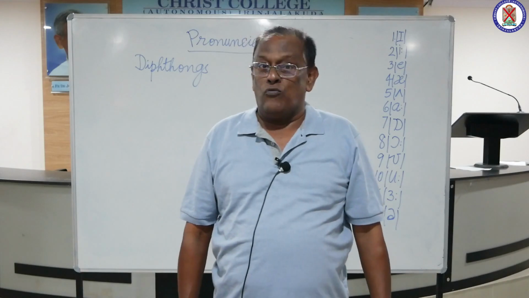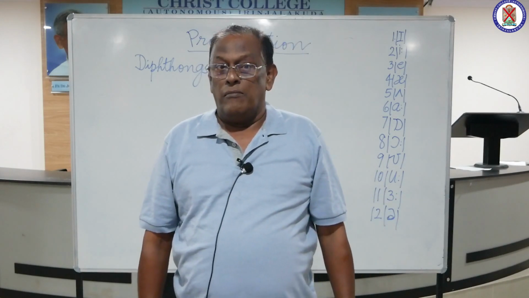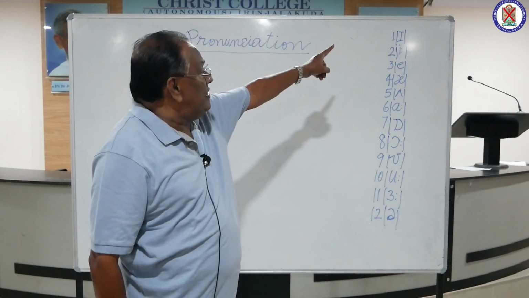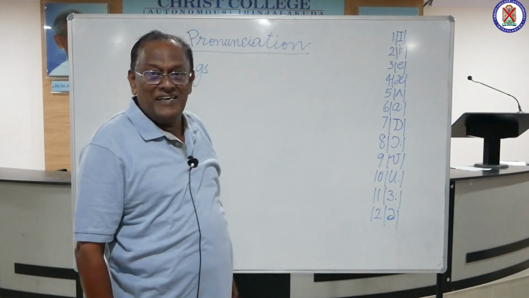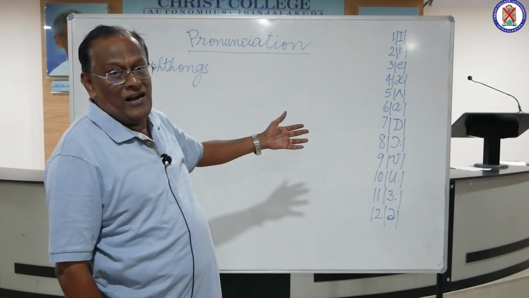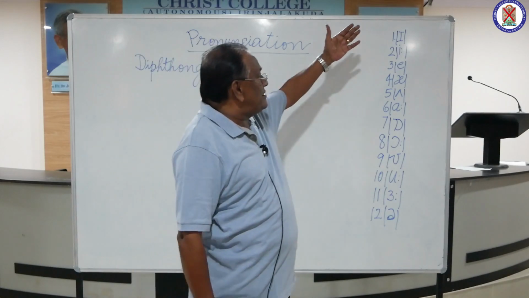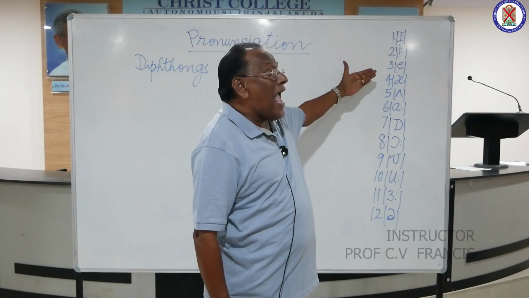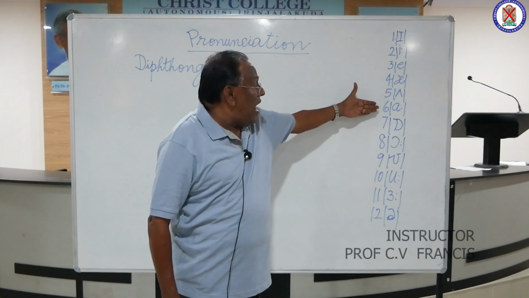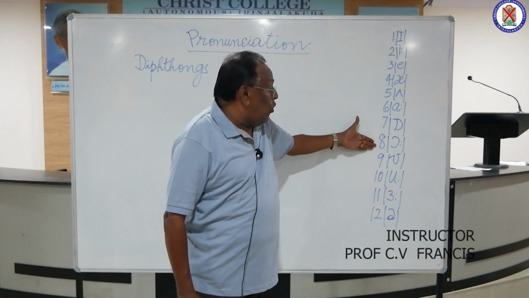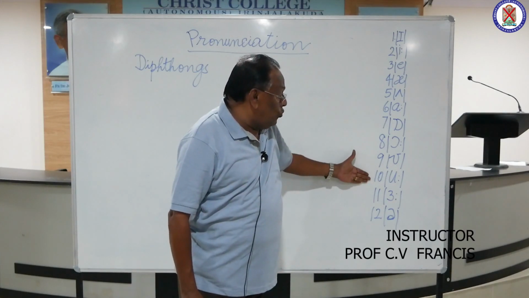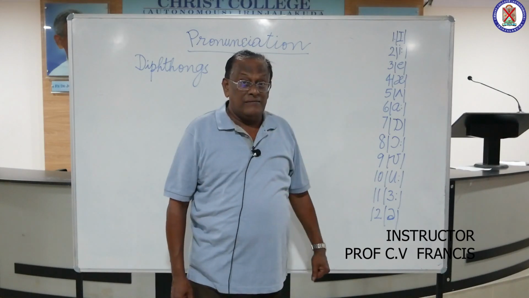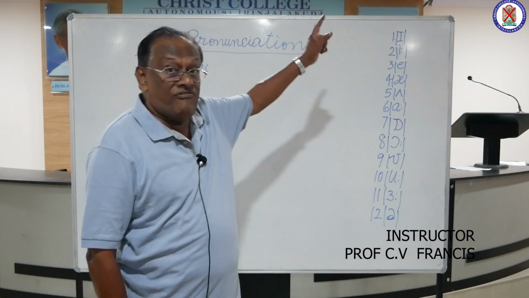Let's start with the pure vowels, or monophthongs. I have the list of the monophthongs here, which we have already seen in our last session. It starts with the sound E, E, A, O, U, and there are 12 of them.